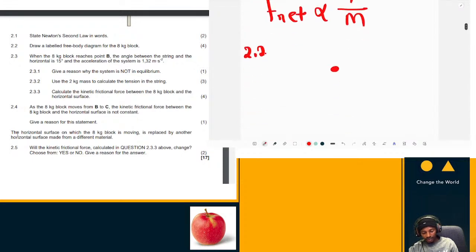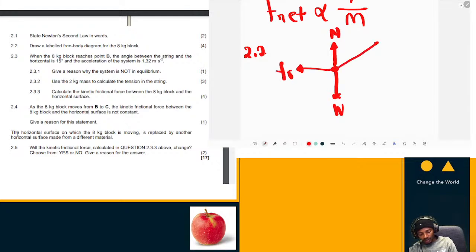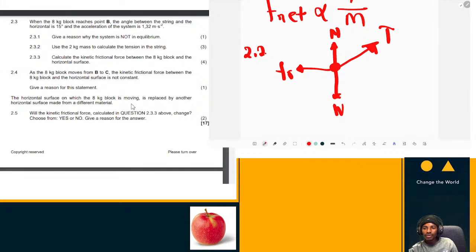For the 8 kg block, we have normal force, weight, frictional force, then the tension force, which is acting at an angle. That's 1, 2, 3, 4. There is 1 mark for each force.